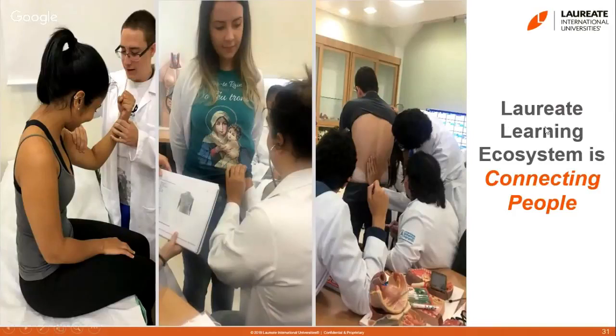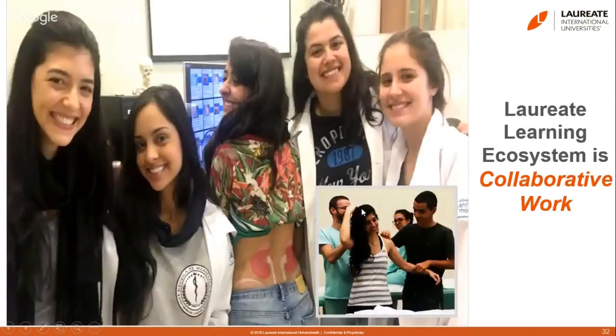We believe that the Laureate learning ecosystem is connecting people, and this is really important for our students because they are going to work with other people, and they need to develop soft skills, the capacity to interact with other people, and to apply all the things that they are learning in our labs. They are learning how to work in a collaborative manner. And here you can see that they are really happy and that they are really enjoying this kind of methodology.